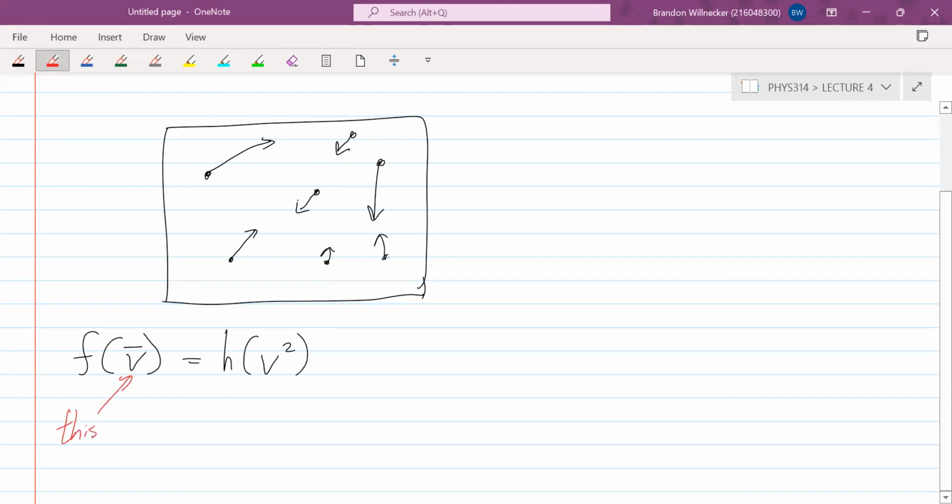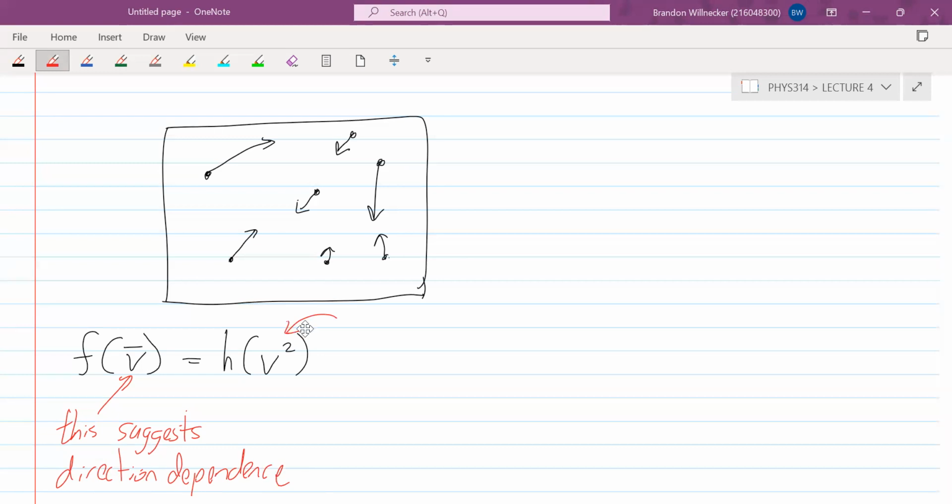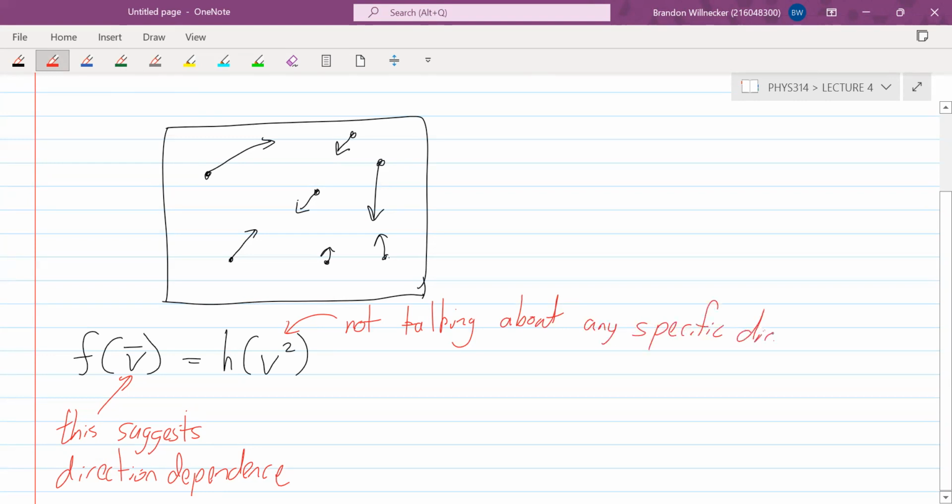So if we only look at the magnitude of the velocities, then we're not talking about any specific direction. So that's our first little assumption: no direction dependence.